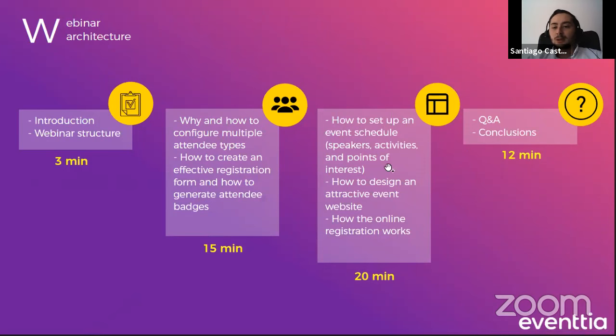Later on, we're going to learn how to set up an event schedule with speakers and activities, and how to design an attractive event website. Also, we're going to learn how the online registration works from the attendee side. And finally, we're going to have some time for questions and answers where you will be able to ask whatever you want and need. And we're going to have some conclusions.